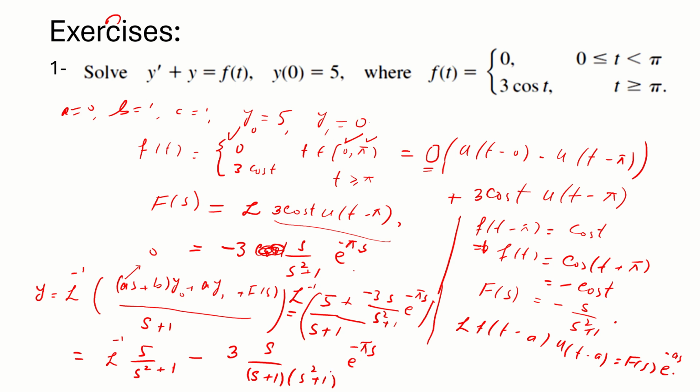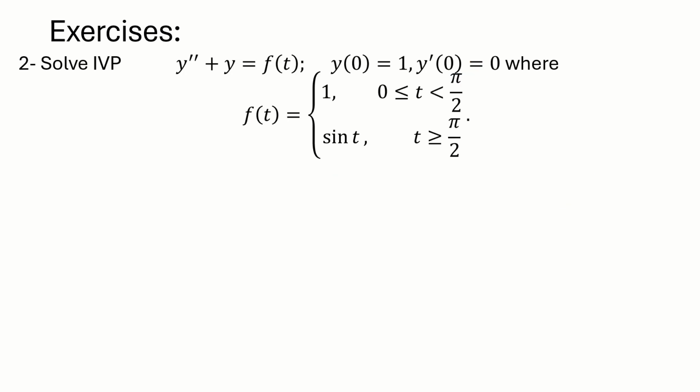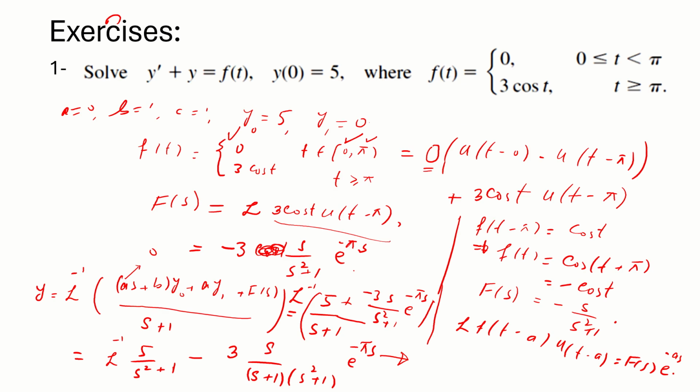You can use the shortcut method to find the partial fraction of this, or you can simply use the other method as well, the long method. Laplace inverse is applied on both.